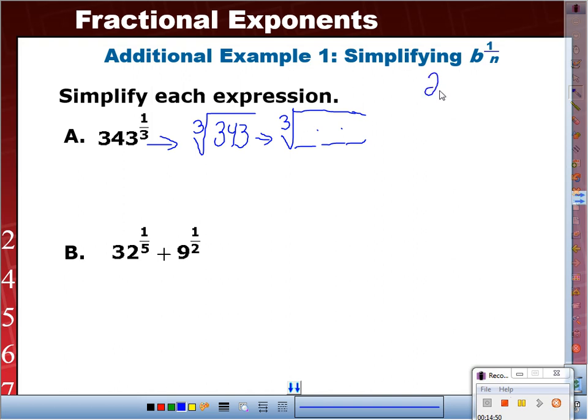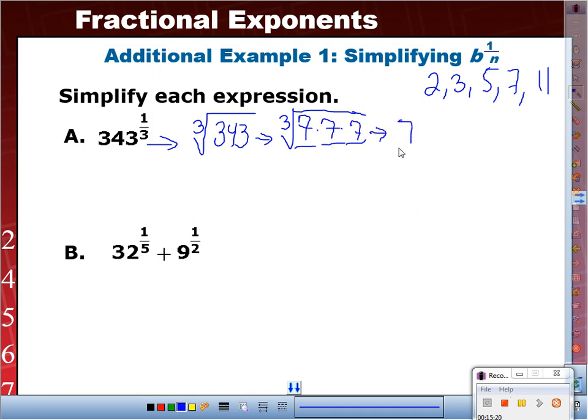Therefore, have these handy: 2, 3, 5, 7, 11. Most of the times when we decompose a number to find its root, it has to be one of these, most of the time. So could it be 2 times 2 times 2? 3 times 3 times 3? 5 times 5 times 5? 7 times 7 times 7? Yes.